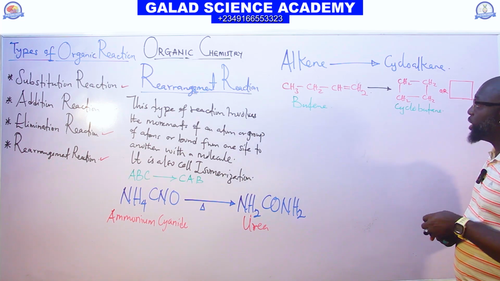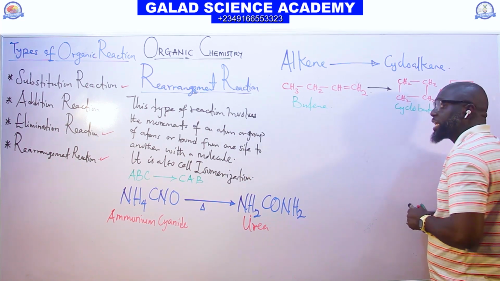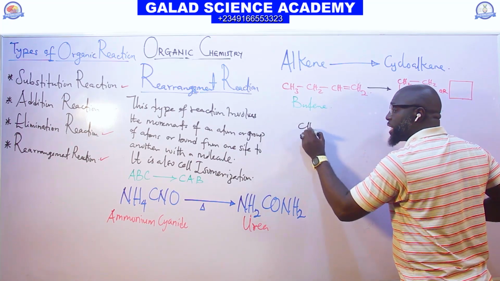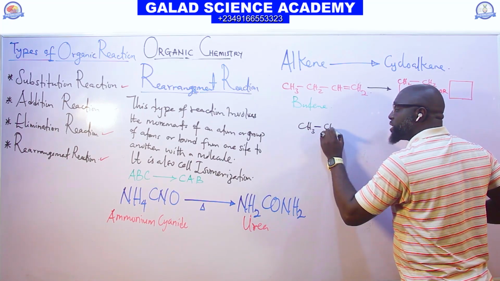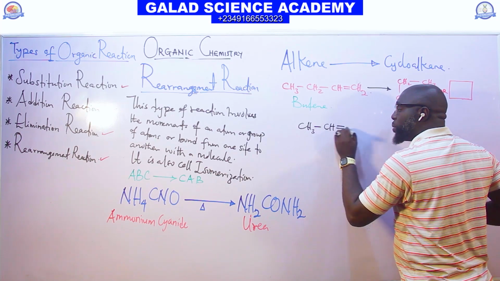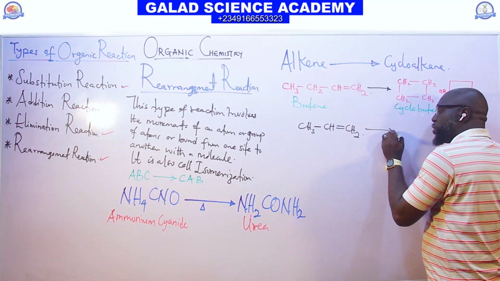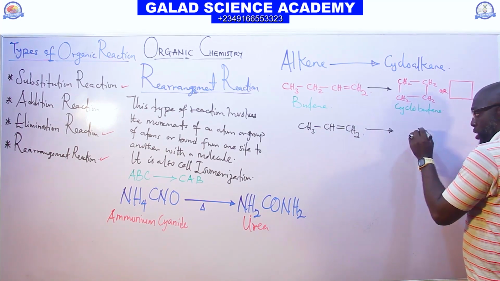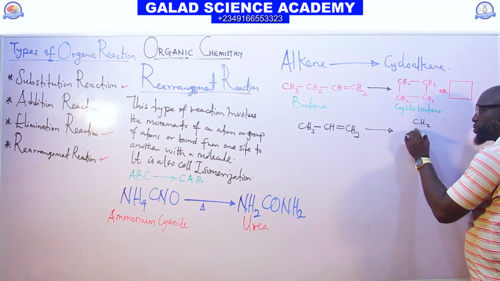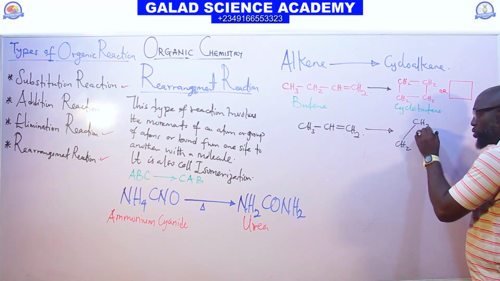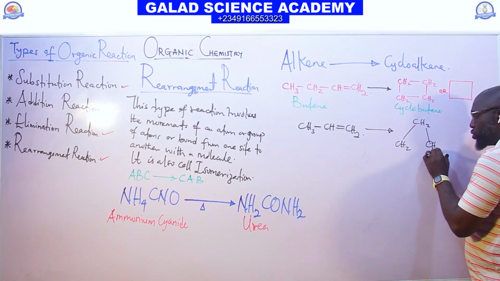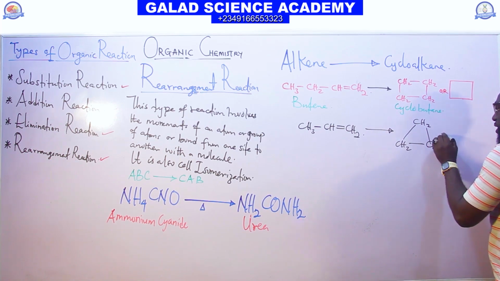And the same thing, you can also have this as a case of study. If you have CH3, CH double bond CH2, to give us what? CH2, CH2, CH2, this is a triangle.